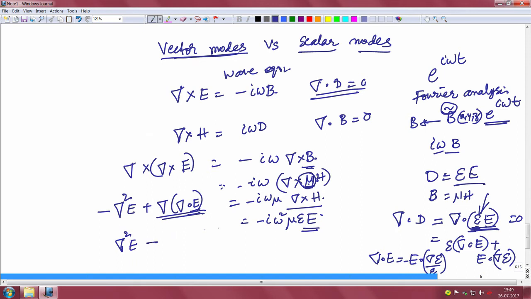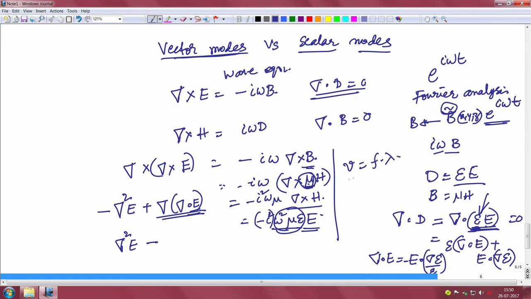So, I can replace del square E, this one becomes minus. We have one more i square here, so this becomes minus 1, and the entire thing becomes positive, and we can replace it with omega square mu epsilon, noting that the velocity is a function of the frequency and wavelength.